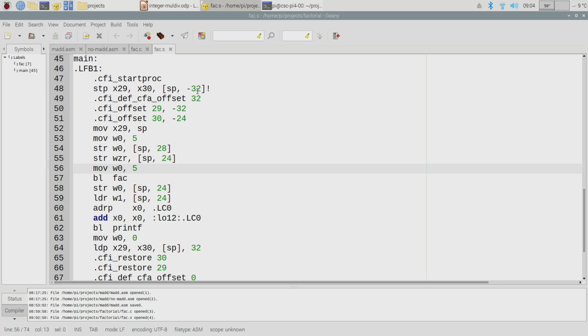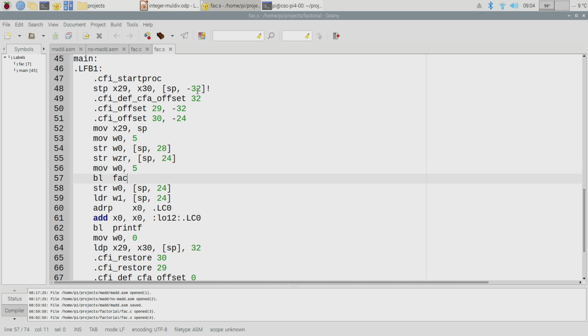So, and I think we talked about this parameter passing. Where do you expect your inputs and outputs to be from subroutines? Yeah, starting at 0, going up through x7 possibly, and if you need anything more than that, you need to use the stack. Okay. So anyway, it branches to the factorial function.